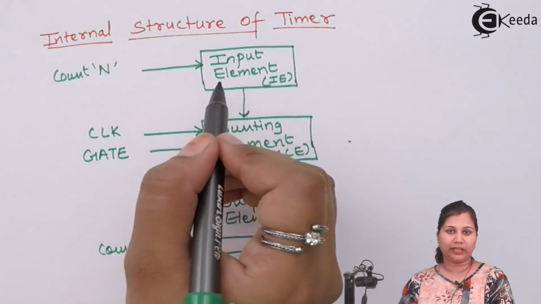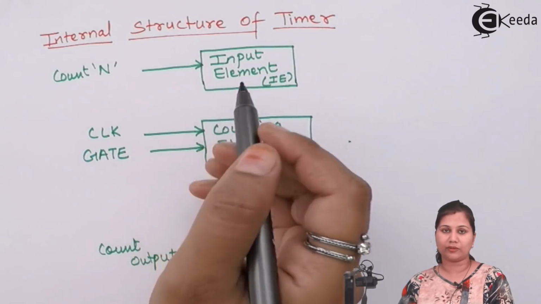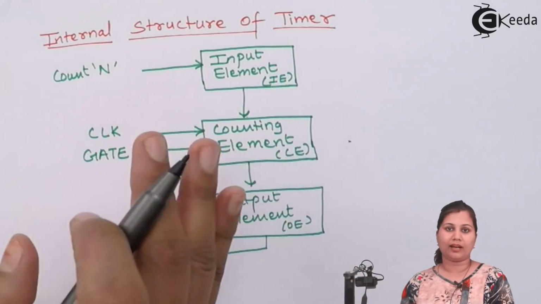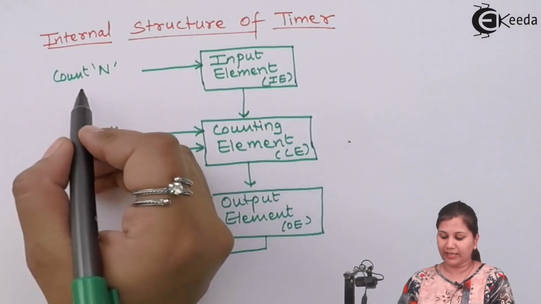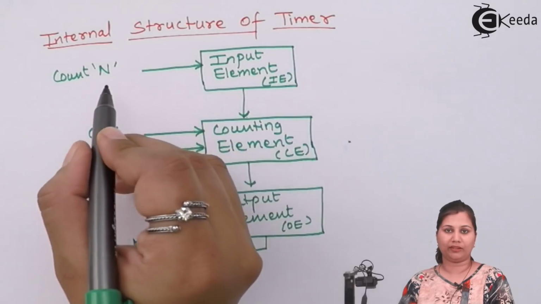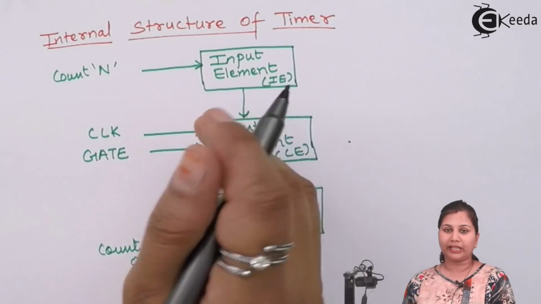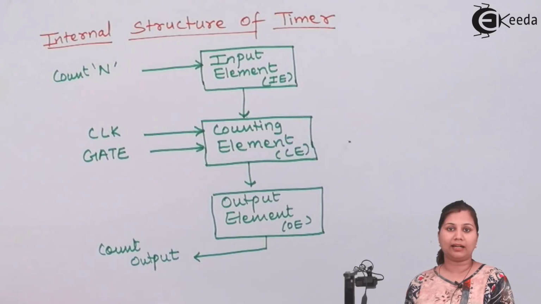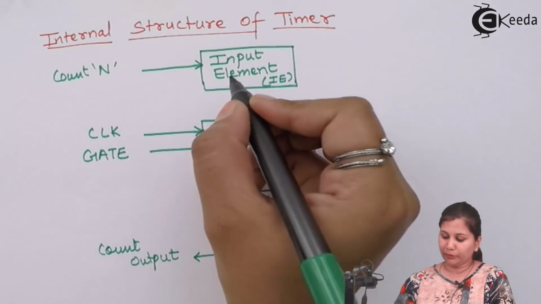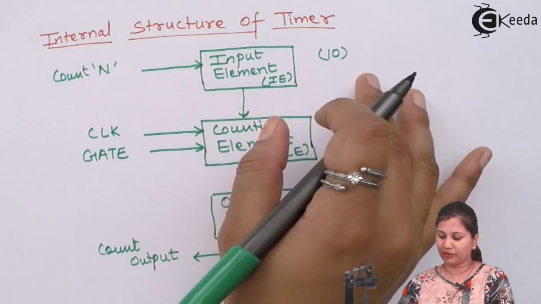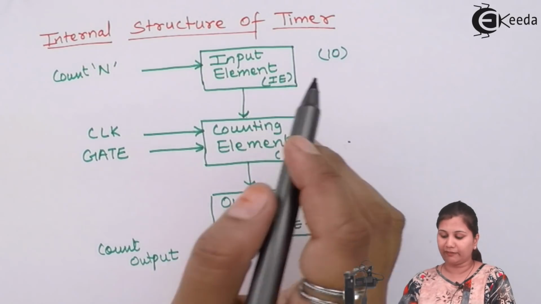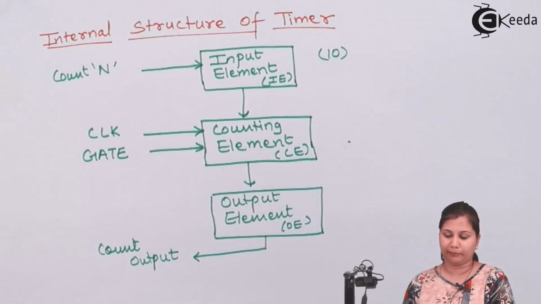Once the input element has been initialized, the count will remain there until it is reloaded with a new count. So if you have given the count value of 10, then 10 will remain in the input element until the timer is reloaded by some other count.